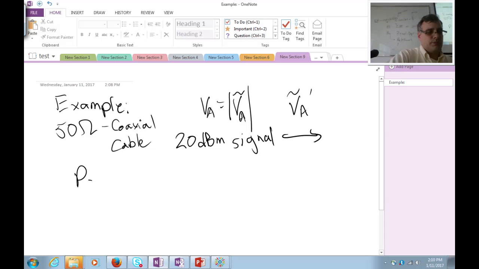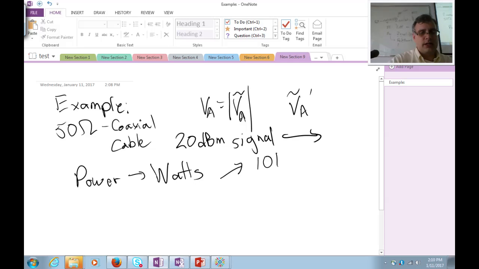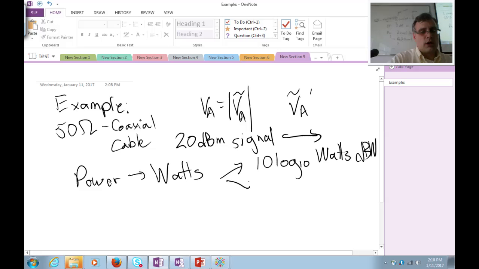So power in SI units is watts. When you talk about radio waves, lots of engineers like to use the dB scale, or in particular, they'll either use 10 log base 10 of the value in watts, and that's dBW. Or, in some instances, especially at the receiver end of things, they will talk 10 log base 10 of the value in milliwatts.